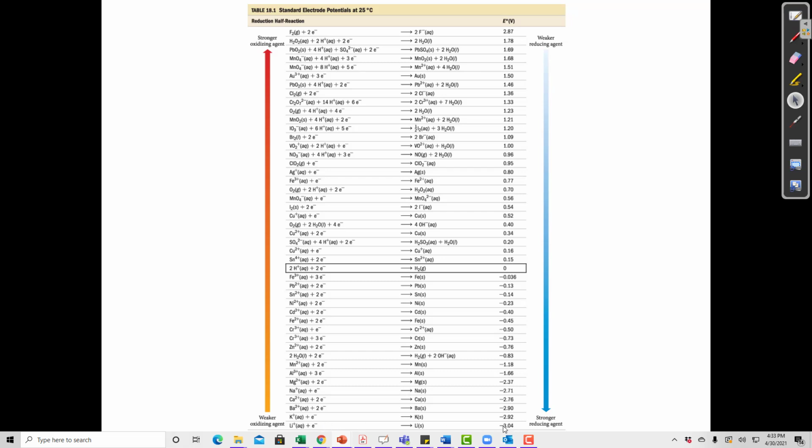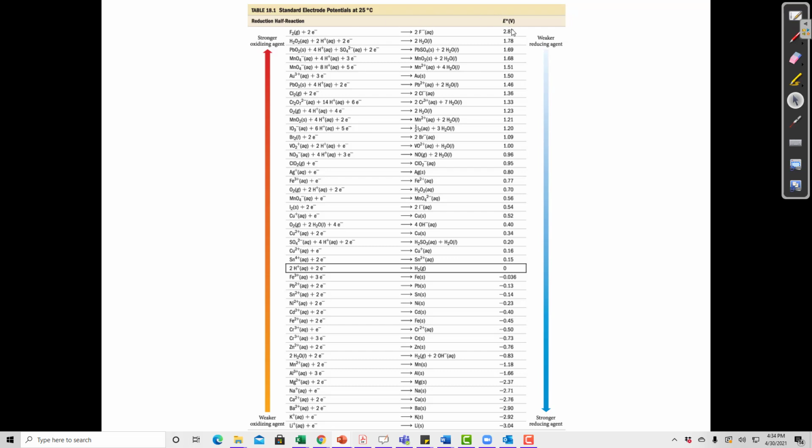It means it has a very high oxidation potential. And if it has a very high oxidation potential, that means it's very likely to lose its electron. And if it's very likely to lose its electron, that electron can be used to reduce something. So things that are very likely to be oxidized are reducing agents. And things that are very likely to be reduced are oxidizing agents.